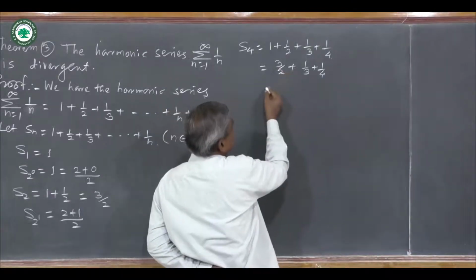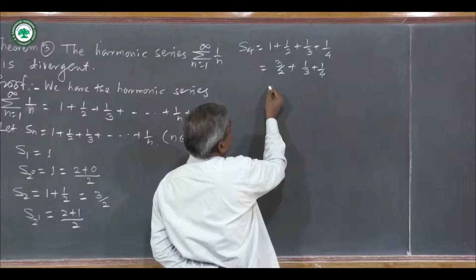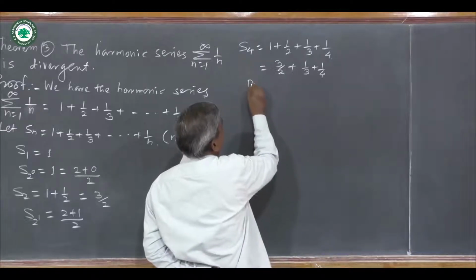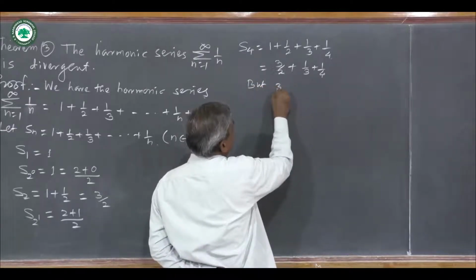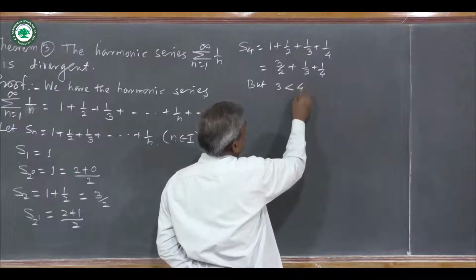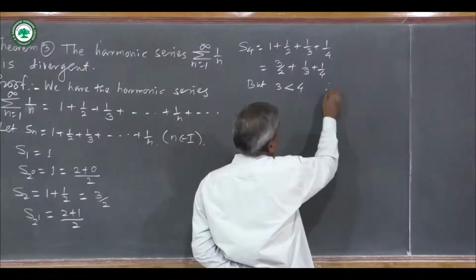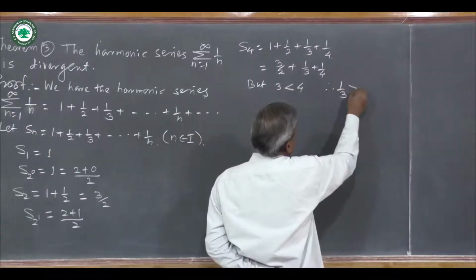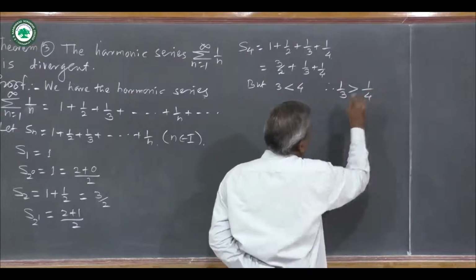But 3 is less than 4. Therefore, 1 upon 3 is greater than 1 by 4.